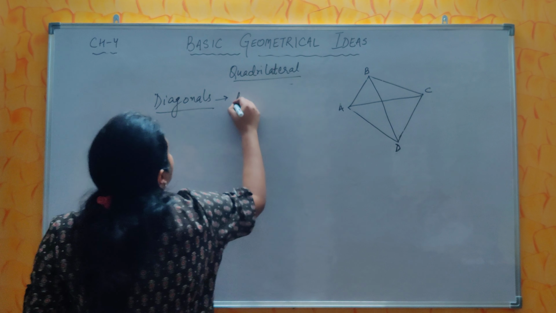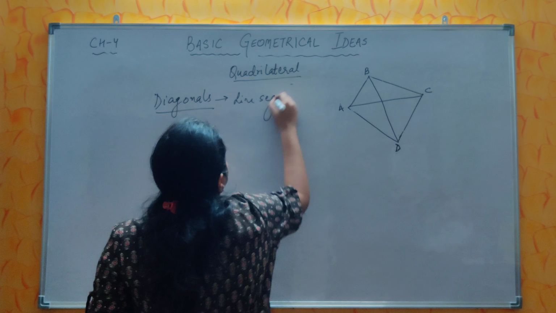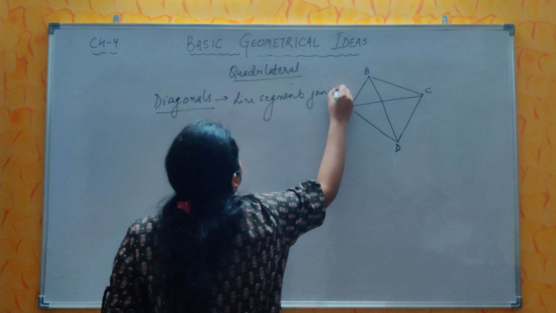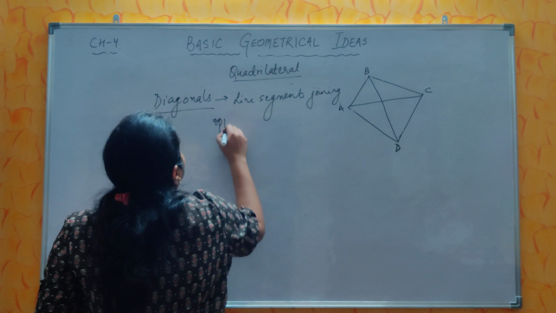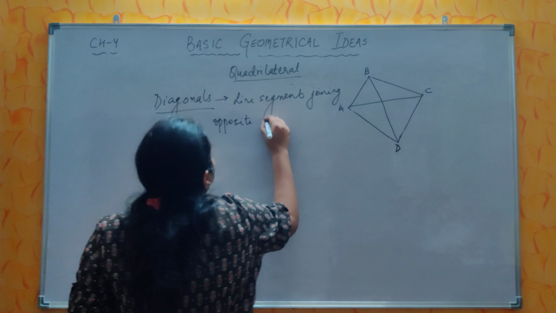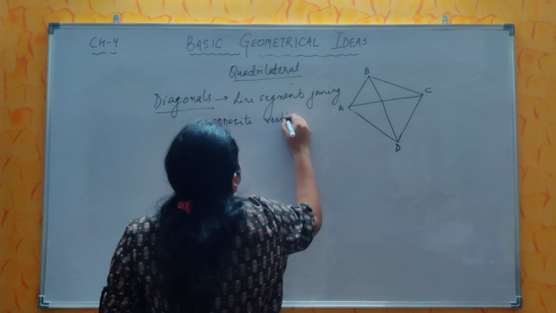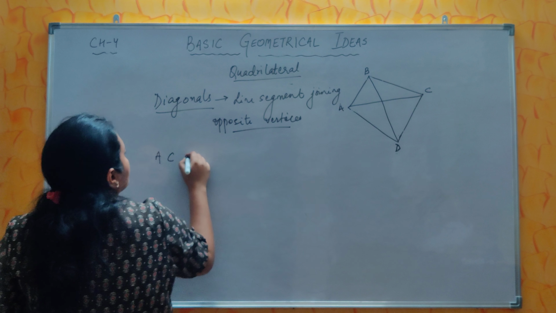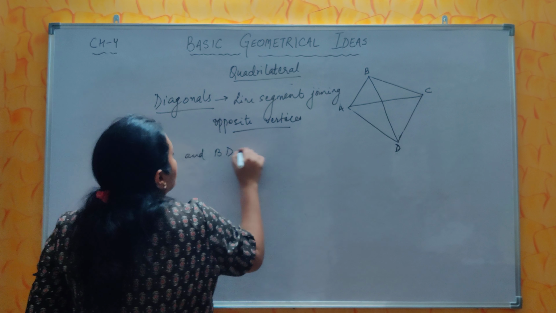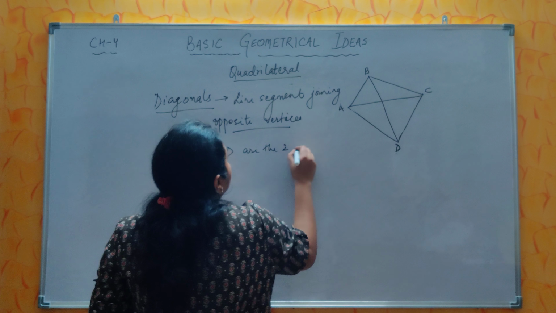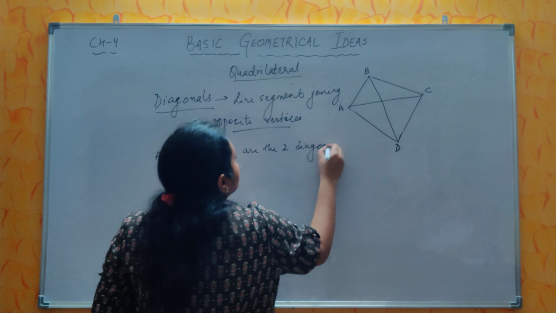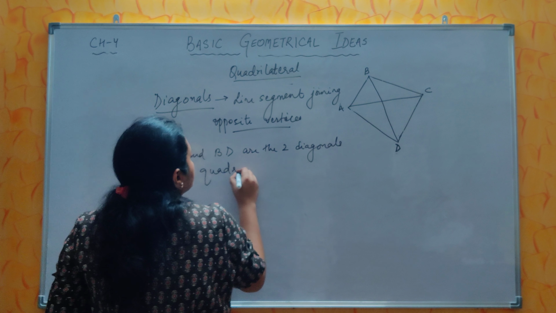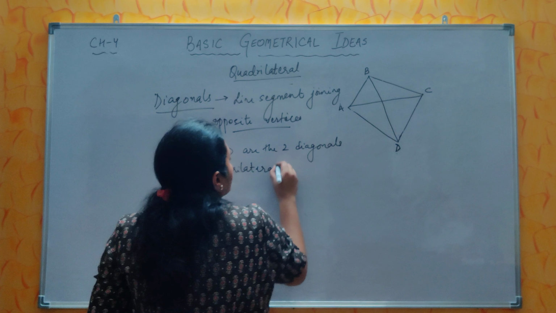Okay, so these are line segments joining opposite vertices. Okay, so AC and BD are the two diagonals of quadrilateral ABCD.